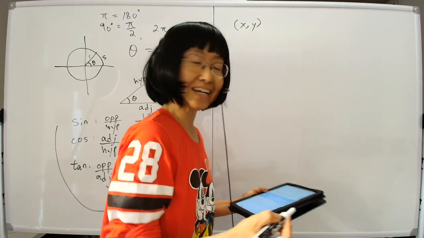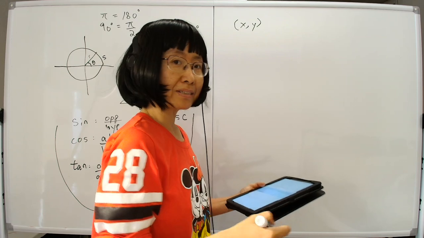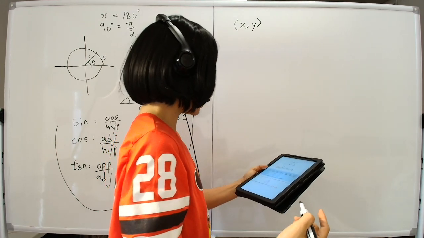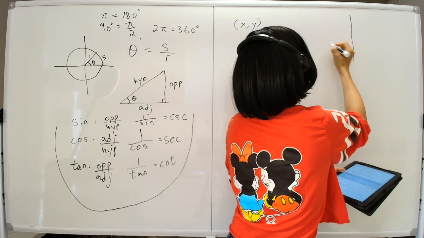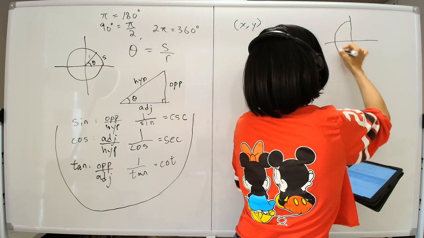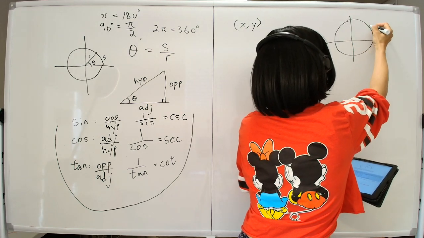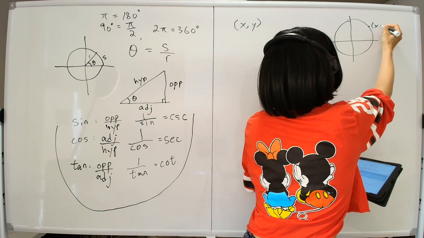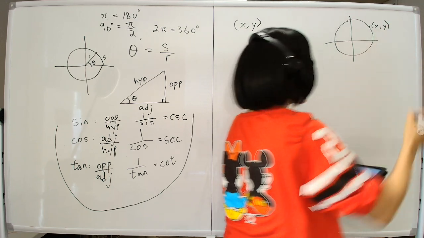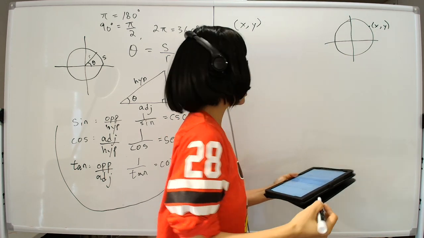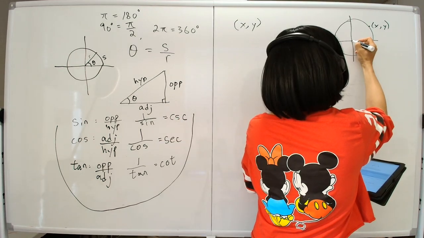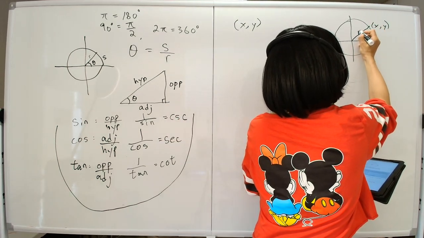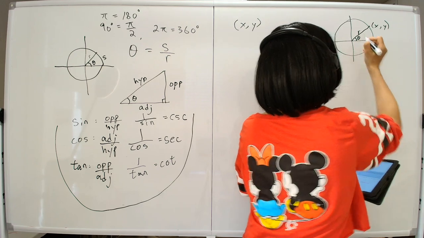And then you want to represent it in terms of a radius. You draw a circle, and you have some point xy on the circle, and you want to express it in terms of its distance from the origin and its angle from the origin. The distance to the origin is called r, whereas the angle is called theta.